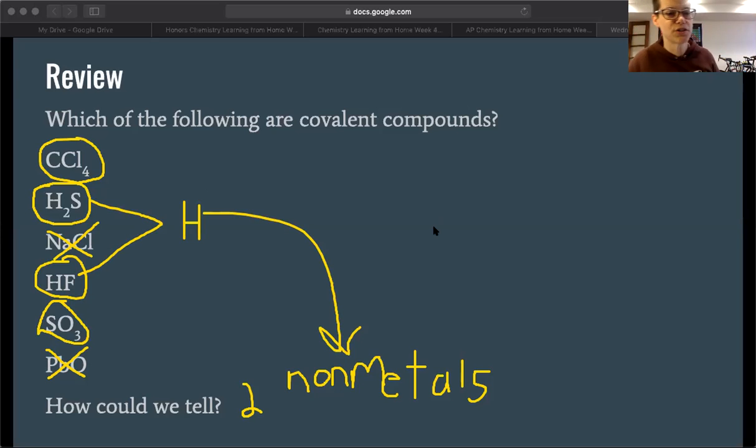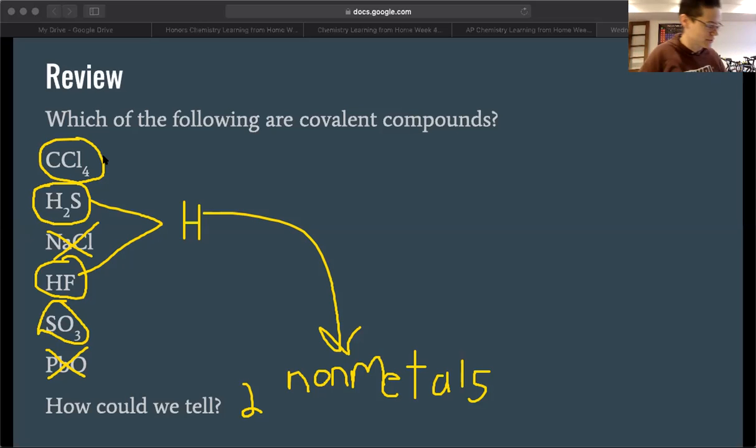Noelle, you said you wanted to try and name this first one? I can go ahead and try it. Try it, go for it. Carbon tetrachloride. Yes, carbon tetrachloride.